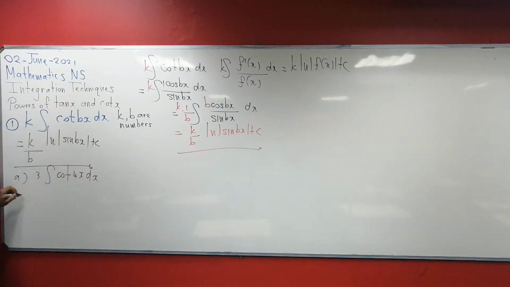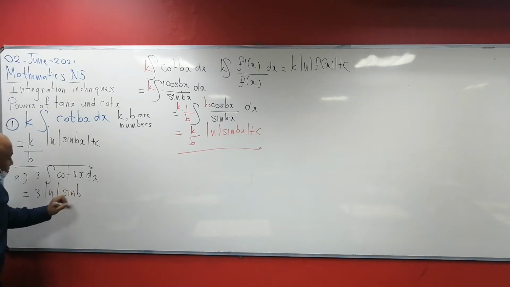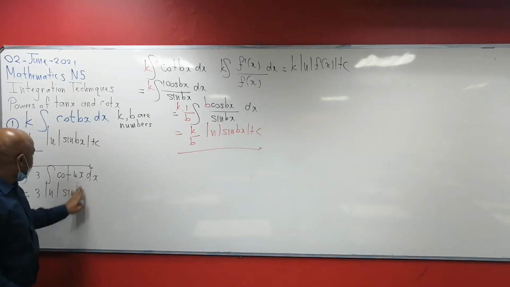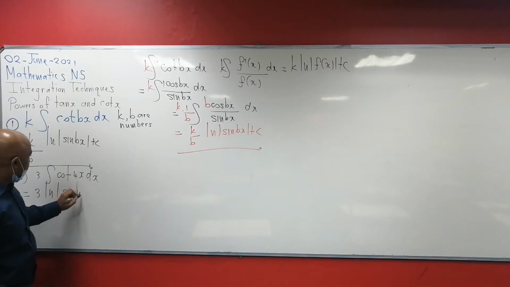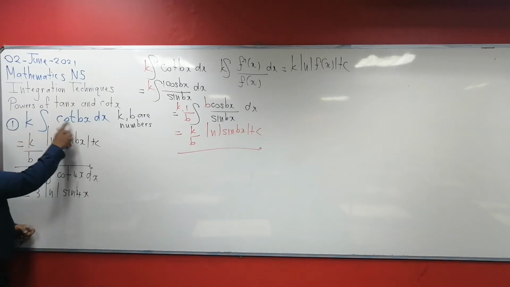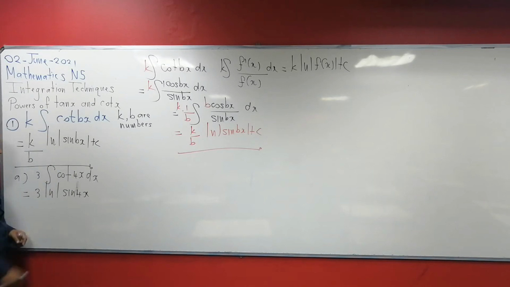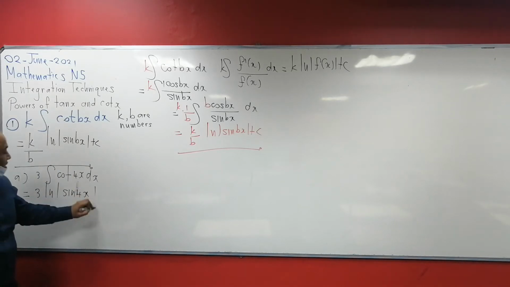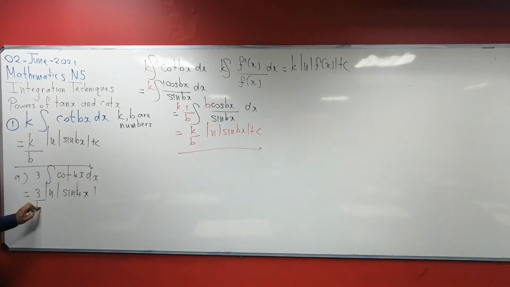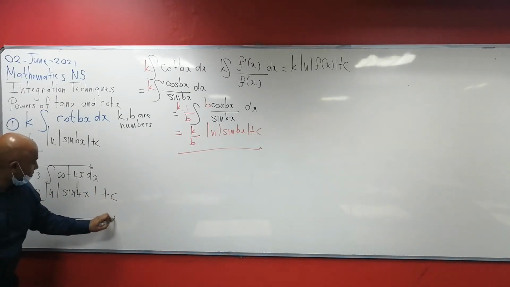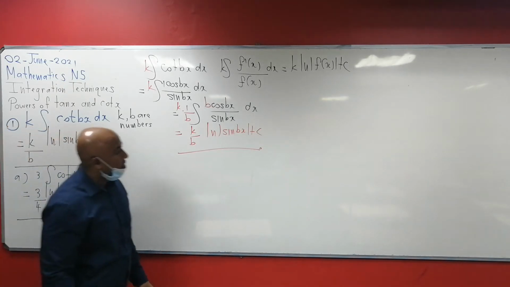When you integrate cot bx, it's going to be ln of sine bx, which is ln sine 4x, all divided by b, which is 4, plus c.